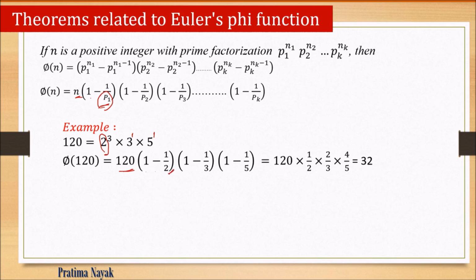Similarly, the second will be 1 minus 1 by 3, this is p2, and 1 minus 1 by 5, that is p3. So this is simple. It will be 120 multiplied by 1 by 2, 2 by 3, and 4 by 5. You will simplify, so it comes to 32.